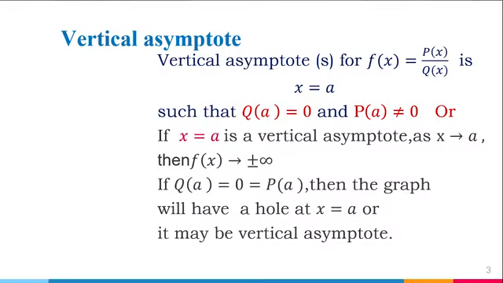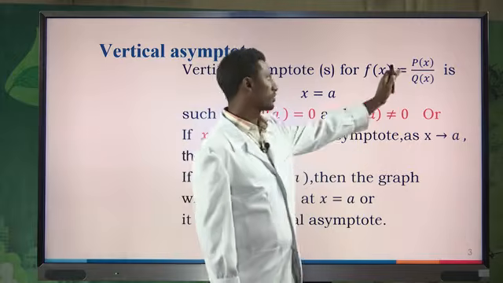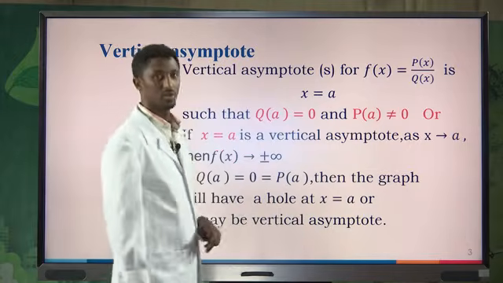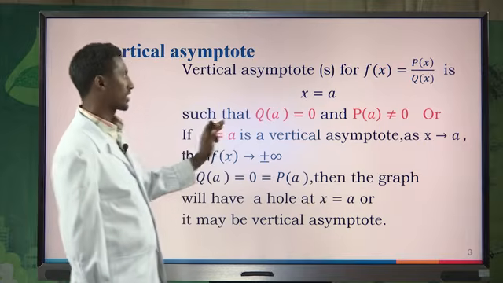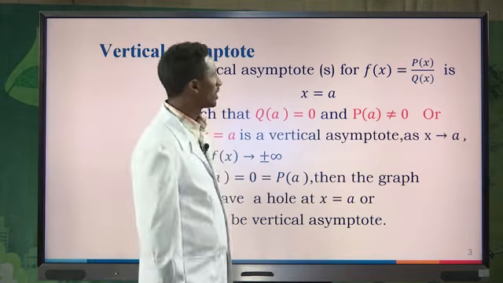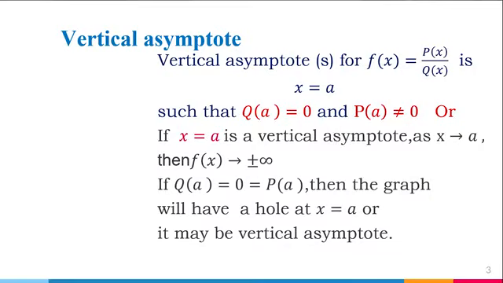So what is a vertical asymptote of a rational function? You know that a rational function is a function which is a quotient of two polynomials p and q, where q is different from 0. So a vertical asymptote of a rational function f of x equals p of x over q of x is x equals a, such that q of a equals 0 and p of a must be different from 0.